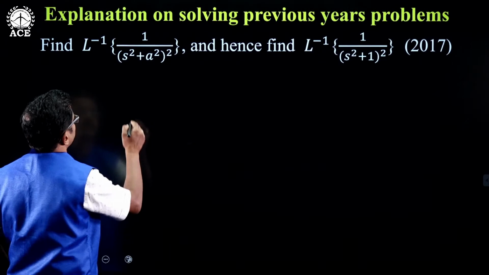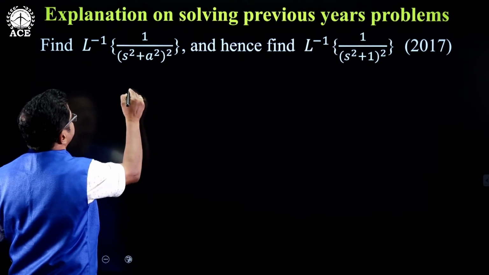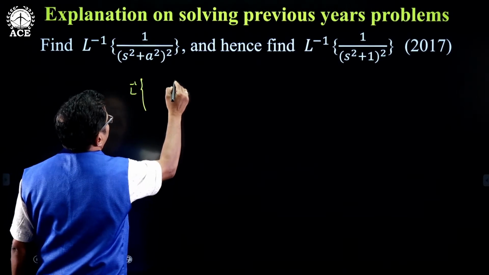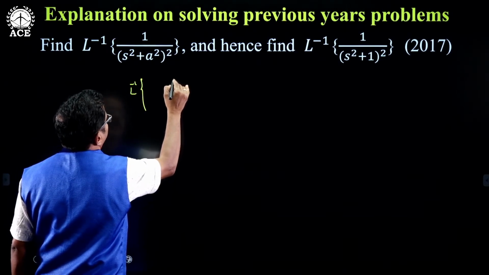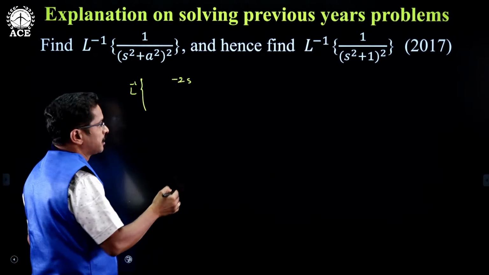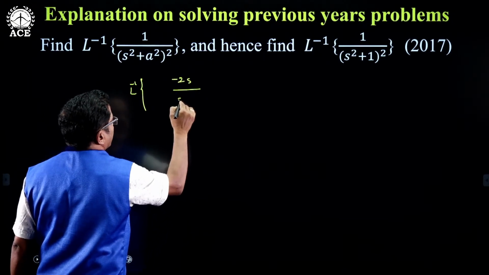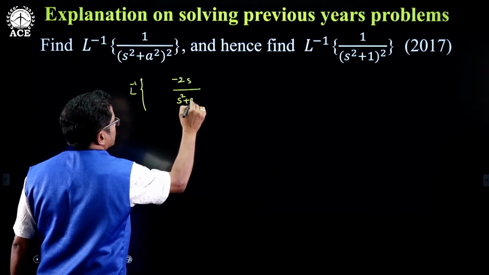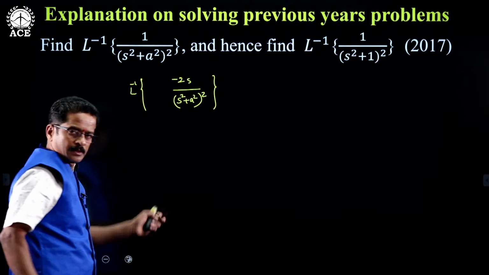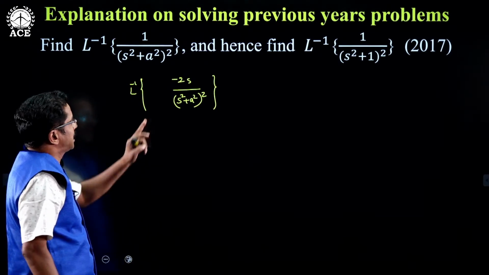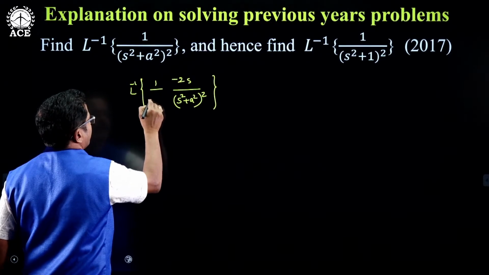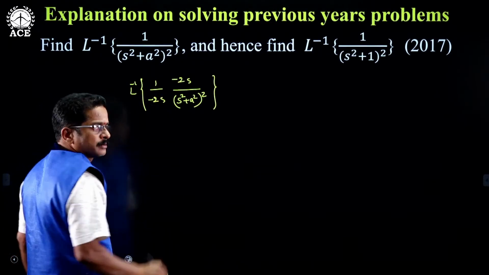Here I am taking L inverse of 1 by, means here I am multiplying by minus 2s by (s square plus a square) whole square. For the previous sum, how I took the alternate arrangements, no? Similarly, I am multiplying by minus 2s and dividing by minus 2s.